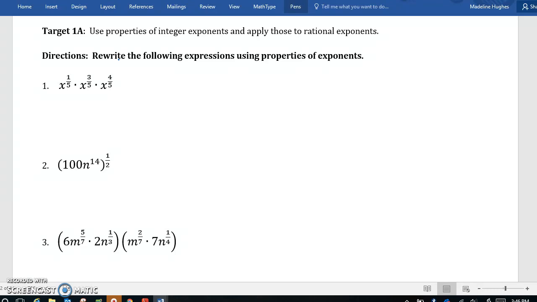So remember, when we have the same base, so these are all x's, what we can do is we keep x the same as the base and we add the exponents. So 1/5 plus 3/5 plus 4/5. And I'm going to take those exponents and put it in the calculator.